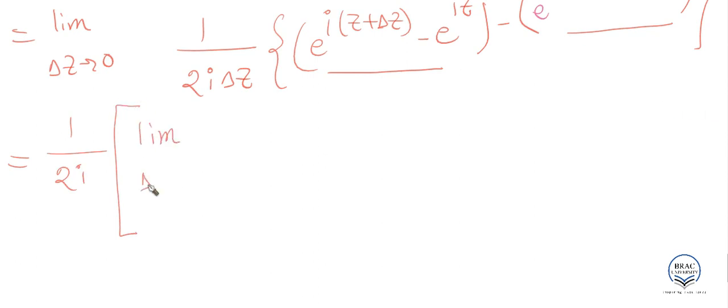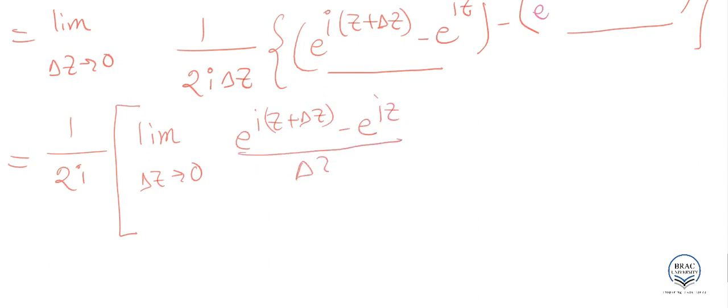First you want to do limit del z goes to 0, and you want to write e to the power iz plus del z minus e to the power iz by del z.